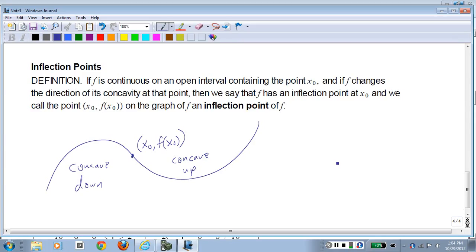That could happen. Maybe something like that. It's not differentiable there, but it looks like it's concave up on one side and concave down on the other.